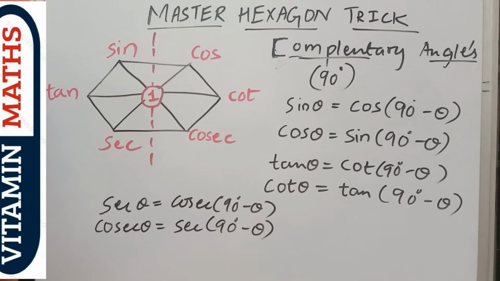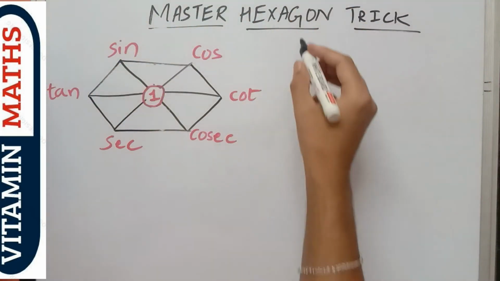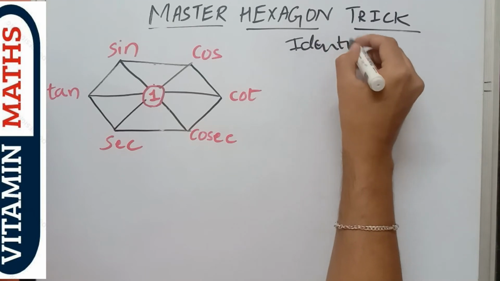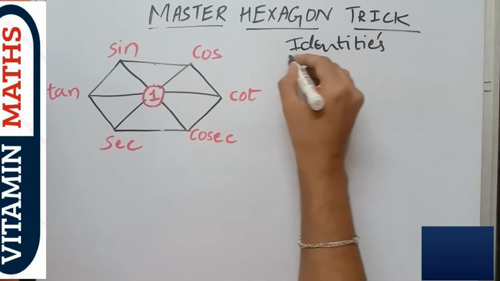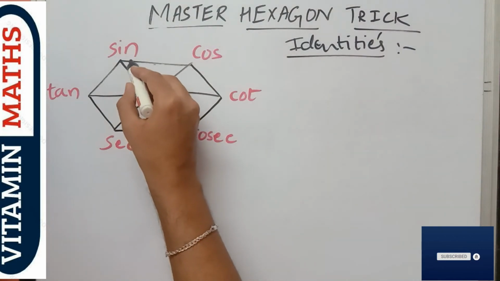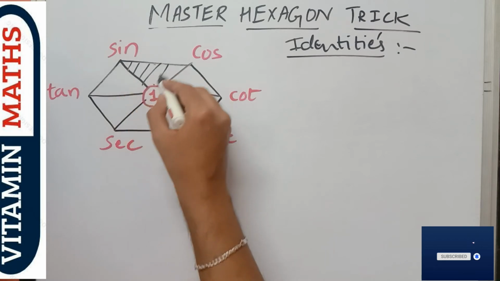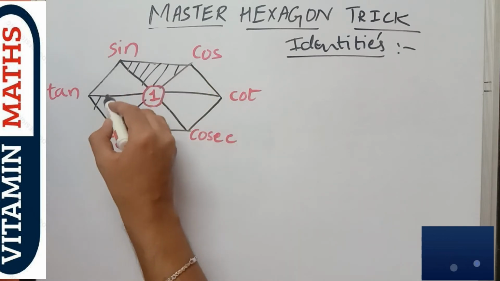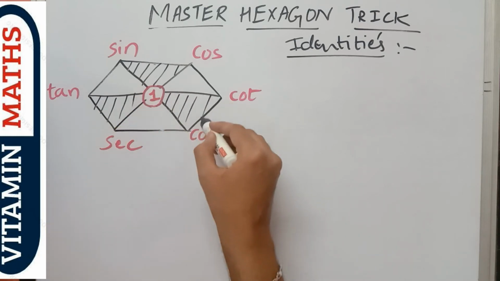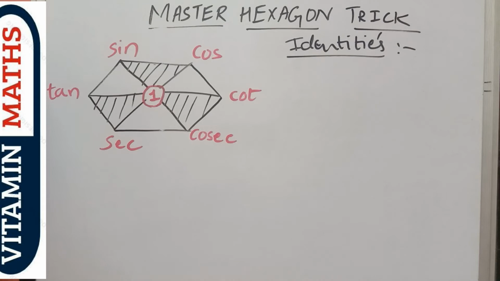Okay, we are going to study about the trigonometric identities. So we will study the trigonometric identities now. So for that, what you need to do is you have to consider these three areas which I am hatching here. So consider this area. Okay, so now you have considered it like this.